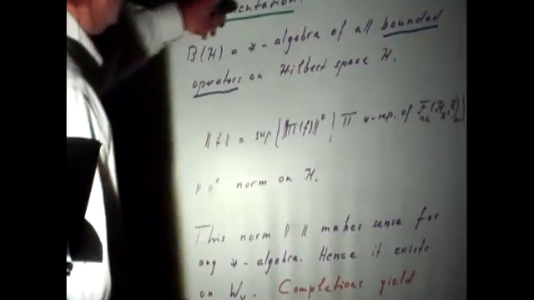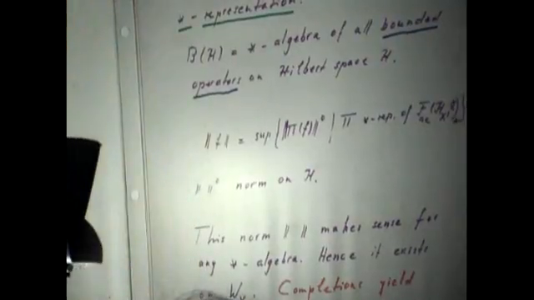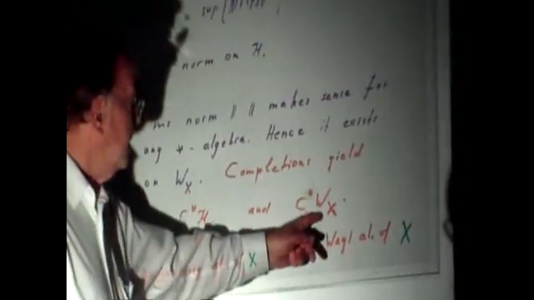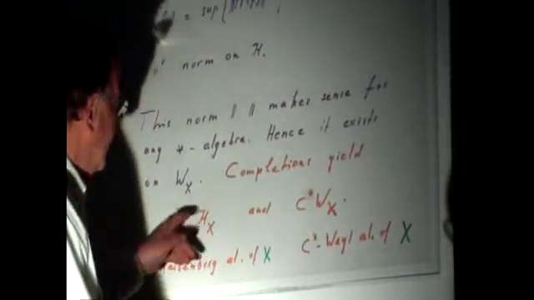This norm, which was constructed here for the Heisenberg group algebra, we can also take over almost like that to the Weil algebra, and now complete them, and we get, of course, C-star algebras. Those are the C-star algebras of the vector field.